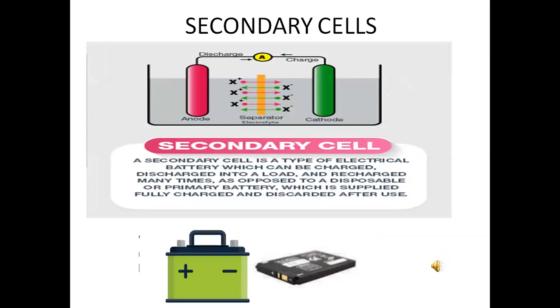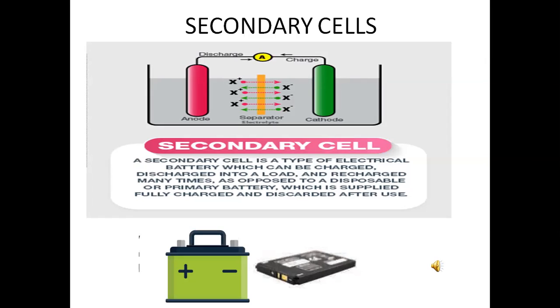Next, secondary cells. A cell that can be recharged many times is called a secondary cell. But a primary cell cannot be recharged, so it can be used only one time. But a secondary cell can be recharged and used many times.